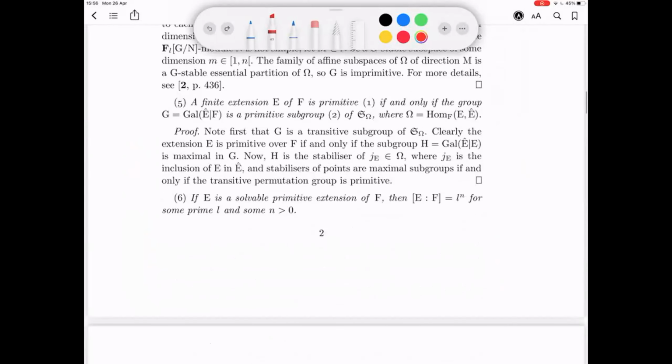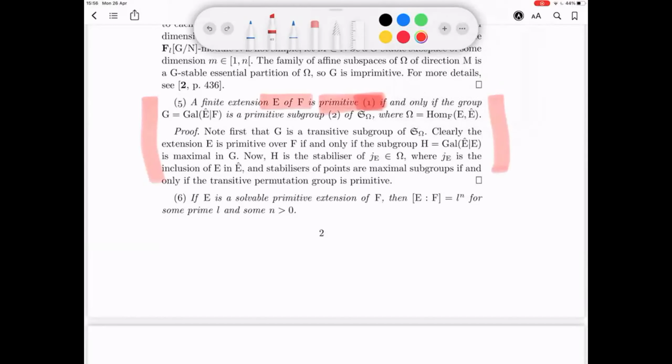Now, here is something which is very interesting. I have a finite separable extension E of F, and I have the notion of primitivity for such extensions. This was discussed in section 1.